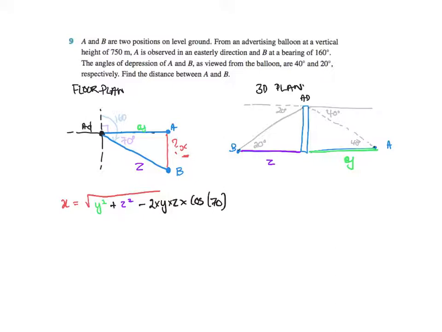Because we don't know that's a right angle triangle, it just looks like it in my diagram, we'll definitely be using the cosine rule here to find X.